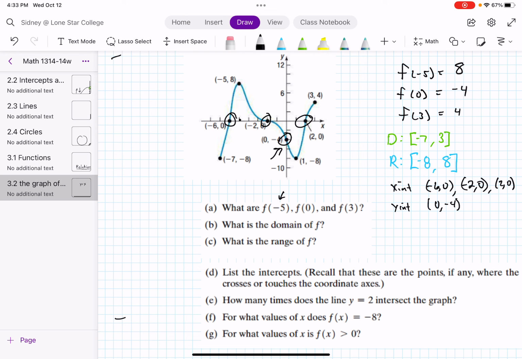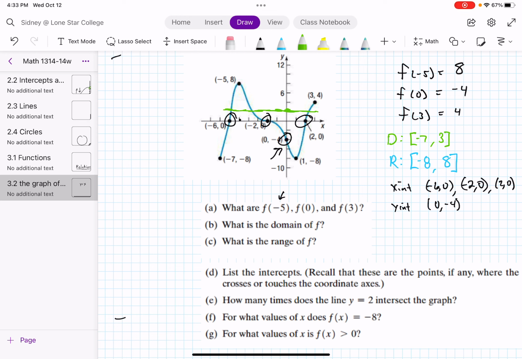All right, next it says, how many times does the line y equals 2 intersect the graph? So y equals 2 is a horizontal line where the y value is 2. If we look at this here, I believe on our y-axis each line is 2, so that's the 2 right there.